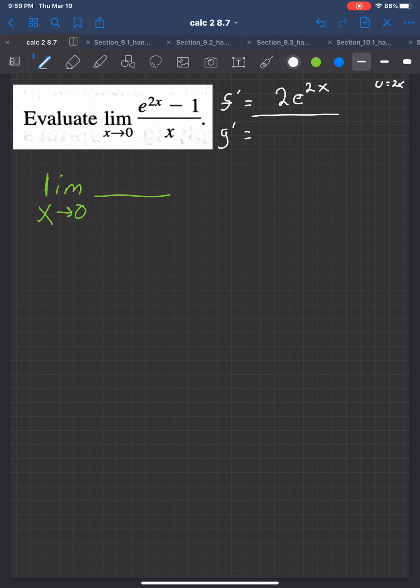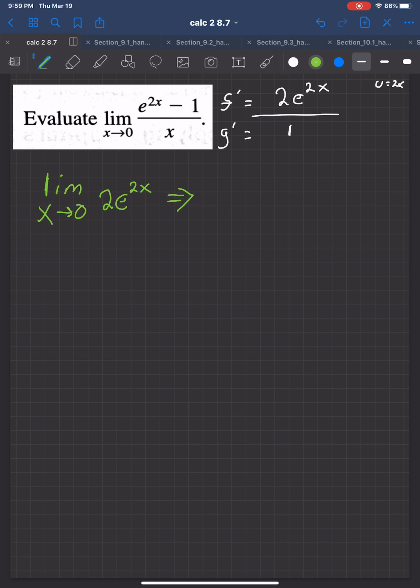And then the derivative of x with respect to x is just 1. So what we end up getting is the limit as x approaches 0 of 2e to the 2x.